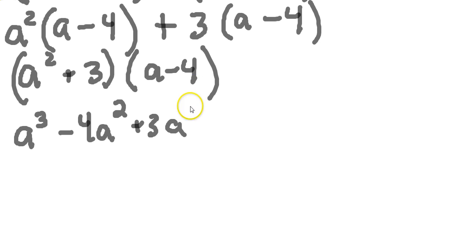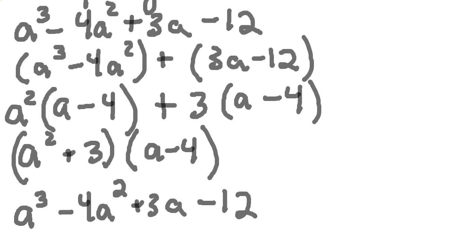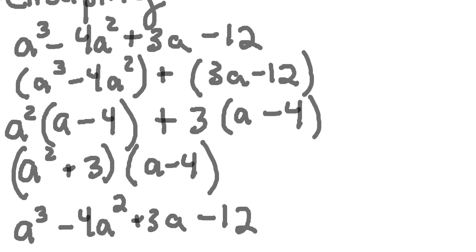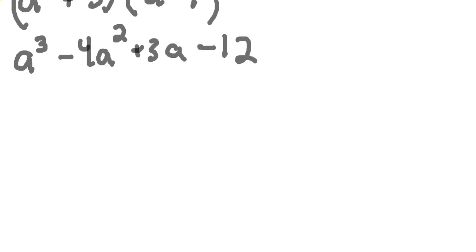And the last term is 3 times negative 4, minus 12. Okay, so it works. If you look at our original equation, we had a cubed minus 4a squared plus 3a minus 12. So the point of factoring is breaking it down to the most basic terms.